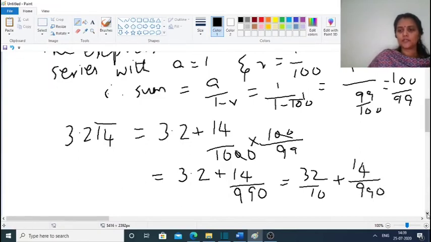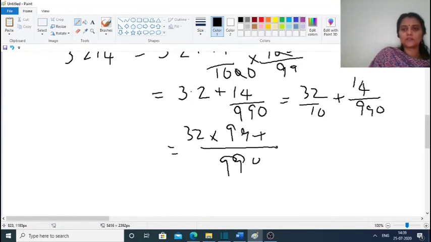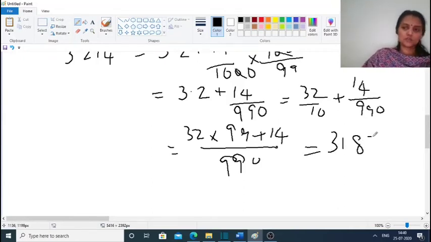The LCM is 990, which is equal to 32 into 99 plus 14, and the final answer is 3182 by 990.